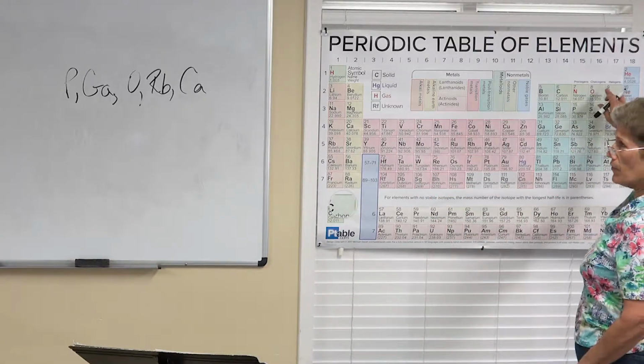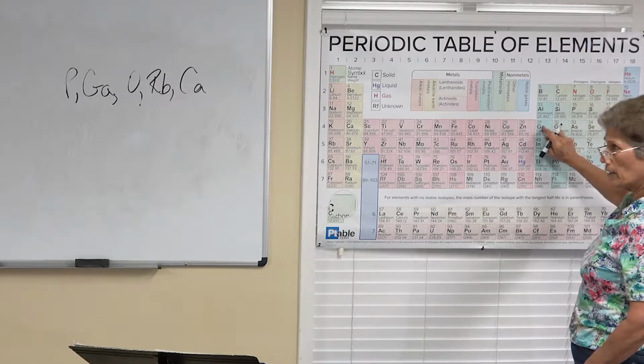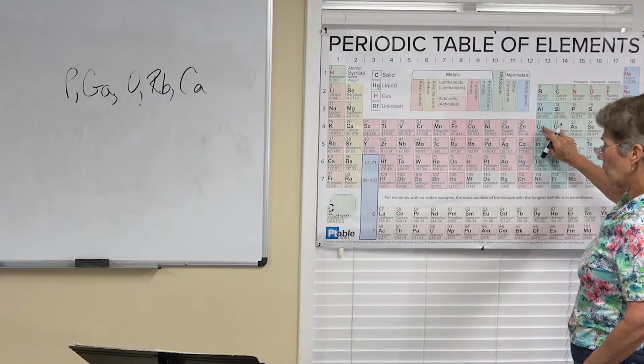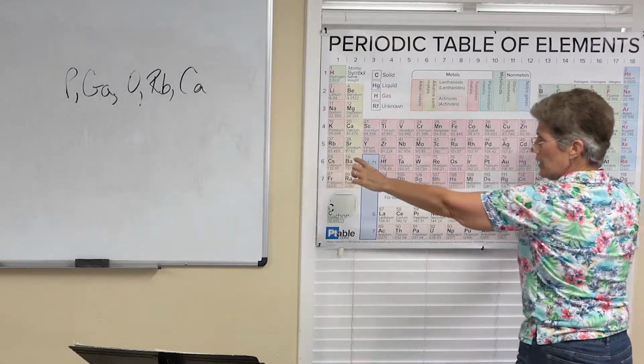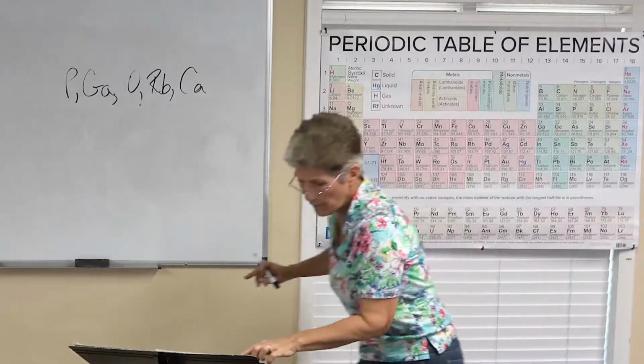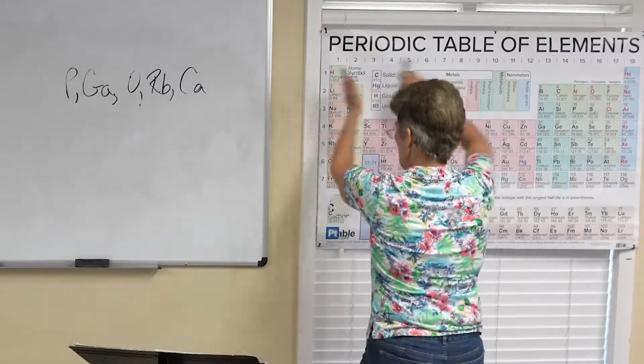All right, so we have phosphorus, oxygen, gallium, rubidium. And so if we are looking for increasing electronegativity, then it's going to be from here going this way.